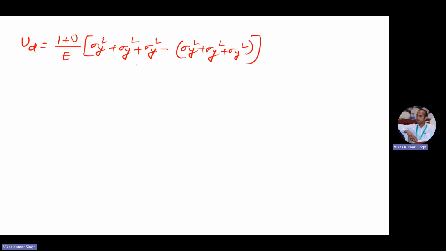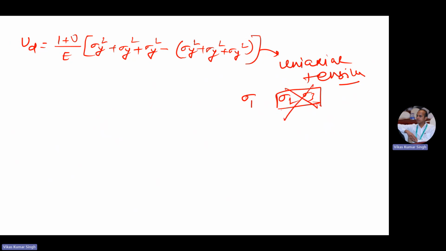What is that mistake? When we are talking about deformation, we are talking about uniaxial deformation, the uniaxial tensile test. In uniaxial there is no sigma 2 and sigma 3, so those values will become 0.